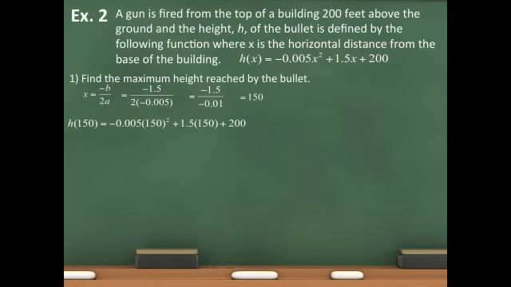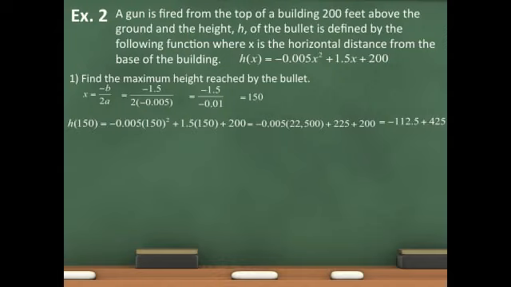To get the maximum height of the bullet, we need to evaluate h of 150. Substitute x equals 150 into the quadratic function to get h of 150 equals negative 0.005 times 150 raised to the second power plus 1.5 times 150 plus 200. 150 squared is 22,500, and 1.5 times 150 is 225.